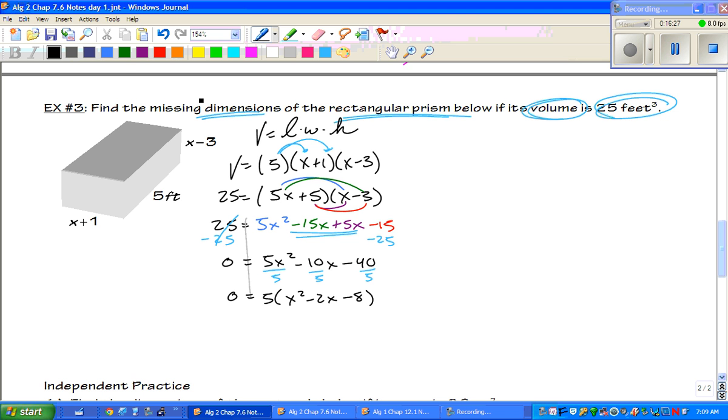And I don't know about you, but I would much rather find numbers that add up to get to negative 2 and multiply to get to negative 8. 1 and 8, 2 and 4. So we got 2 and negative 4.